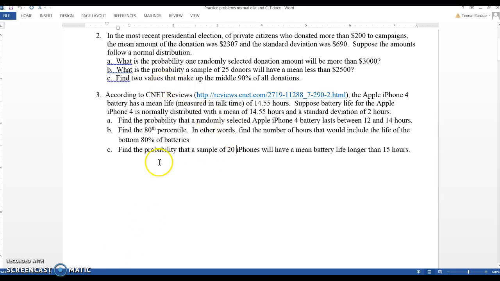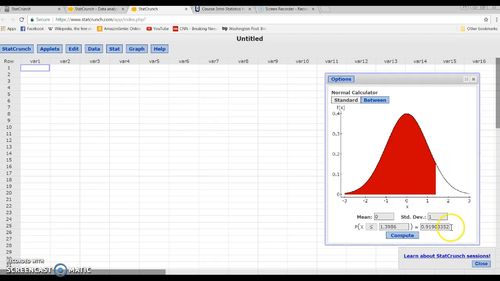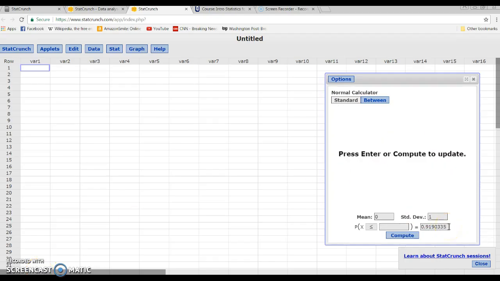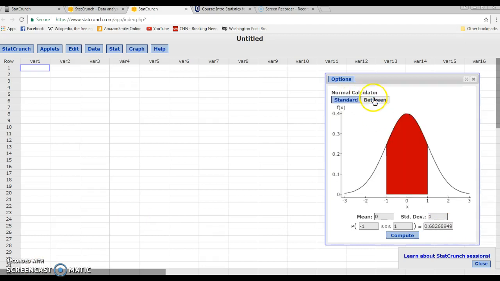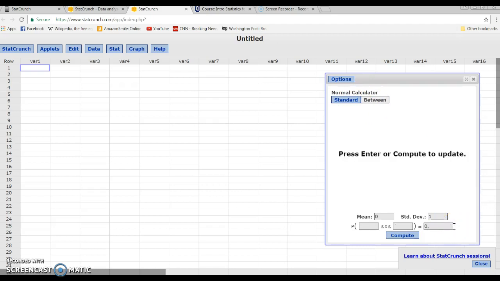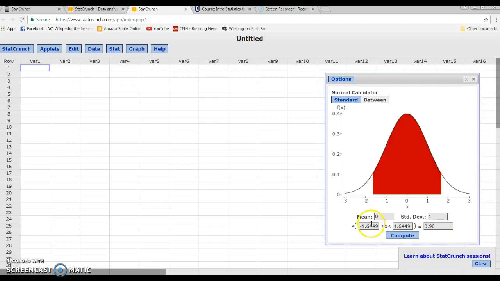Part C, two values that make up the middle 90% of all donations. For this one, we have to start with StatCrunch. So we're looking for the middle 90%. So we go between, so middle 0.9, hit compute.